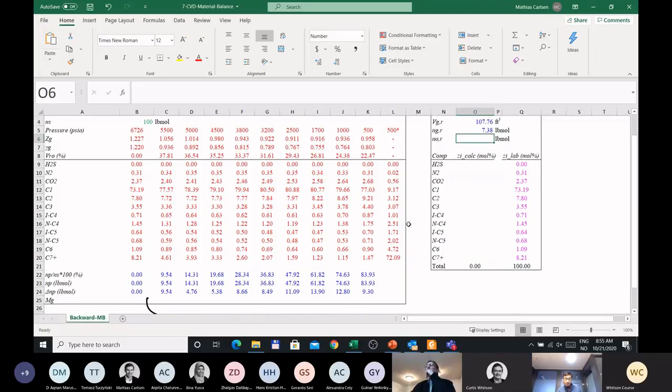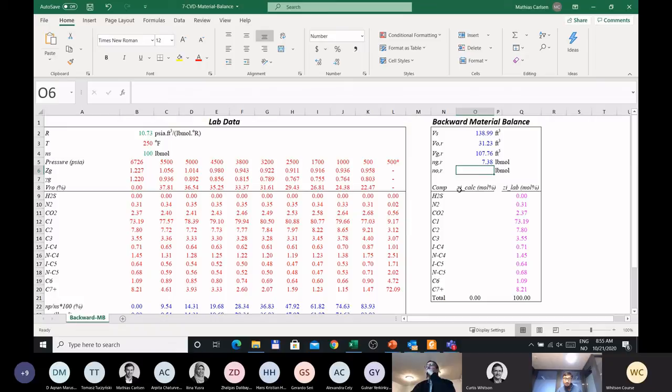And then the moles of the oil phase that's remaining. So that should be how many moles we have initially, minus how many moles we have produced as a gas phase.